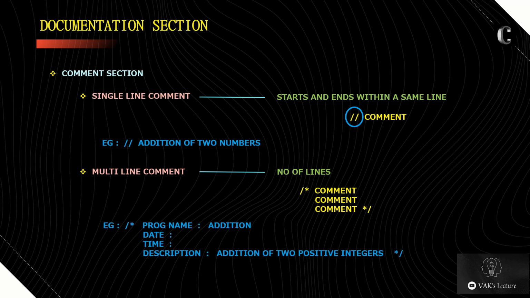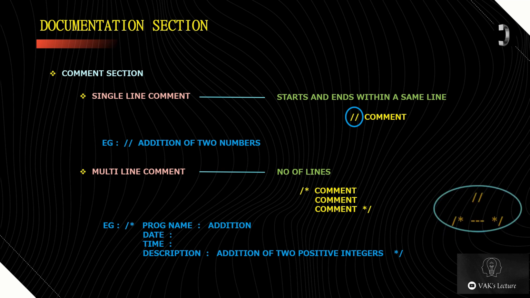For the same example, we can write the program name, addition, some date and time, and a description like addition of two numbers. All these are enclosed within the comments. That means a forward slash asterisk, and then it ends with the asterisk and forward slash.